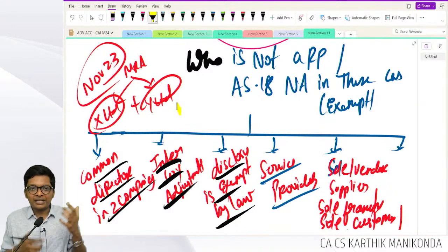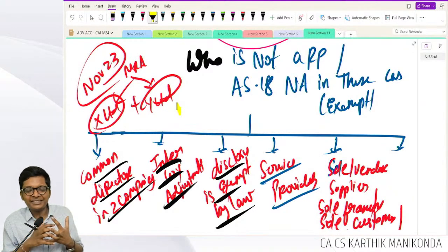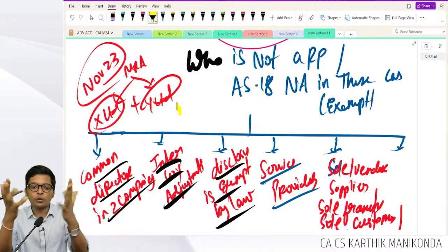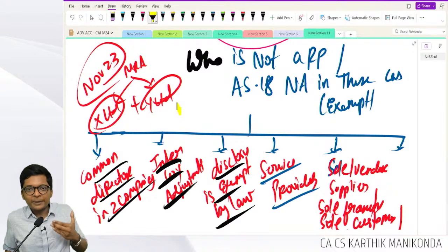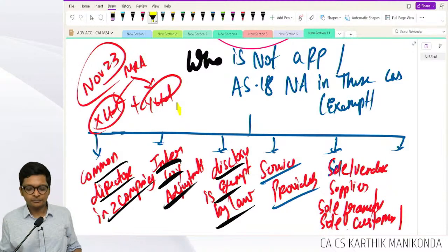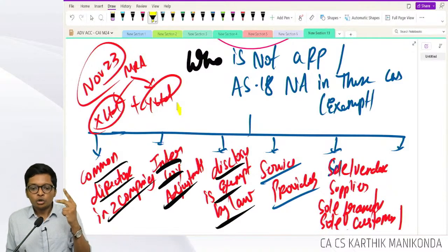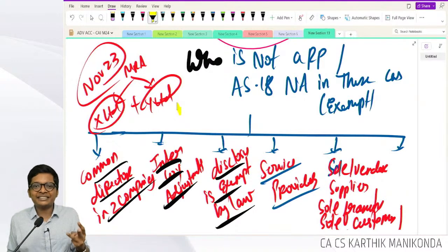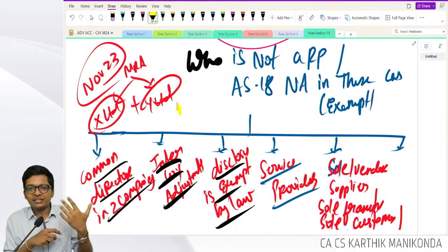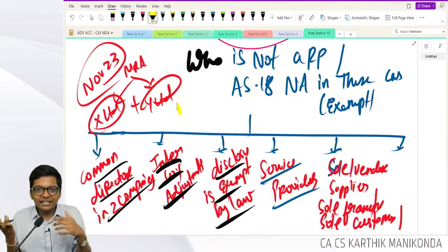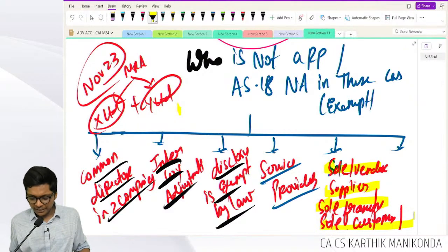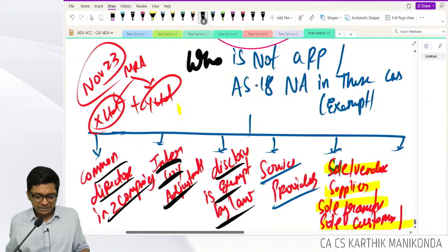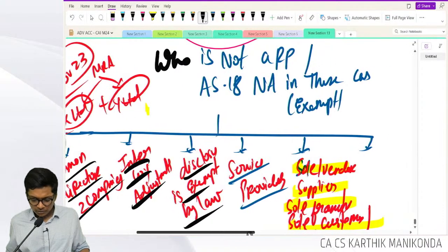Or sole customer, I am buying medicines from many companies but selling only to Apollo Pharmacy or Apollo Hospitals. If Apollo Hospital cancels my contract, where will I go? Gone. So, sole supplier, sole customer, sole franchisee, on my purchase side or sales side I am dependent majorly on one person, which does not mean we are related parties. It looks like a related party, but we are not. Are you following, guys? Clear?